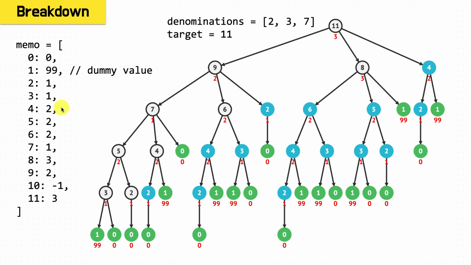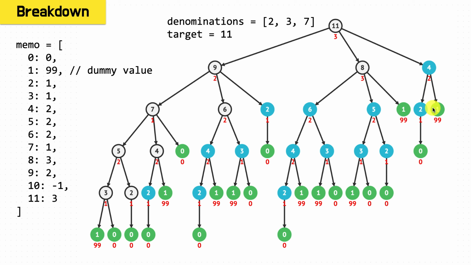So with the top-down approach, the solution to the question is going to correspond to the shortest path from the target to 0. Each time we go to a node, we know that's using 1 additional coin, so the shortest path means we get to 0 in the fewest number of coins, which is also the answer. So here at 11, we subtracted 7 to get to 4, then from 4, we subtracted 2 and 3.